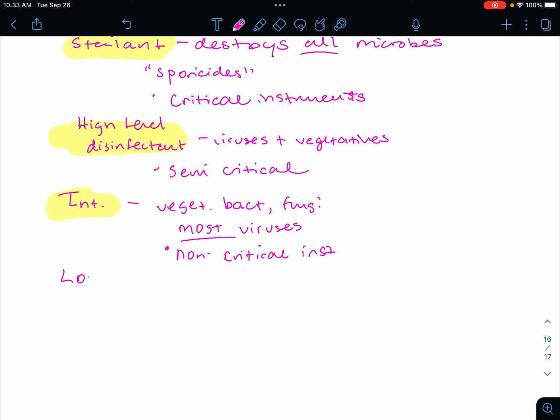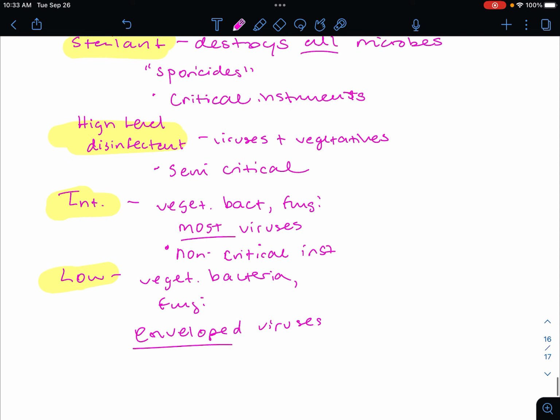Now let's talk about the low-level disinfectants. These will destroy vegetative bacteria, fungi, and enveloped viruses. These are going to be used on floors and walls.